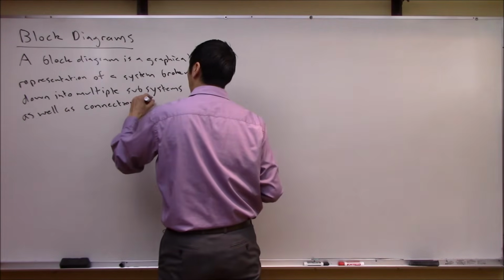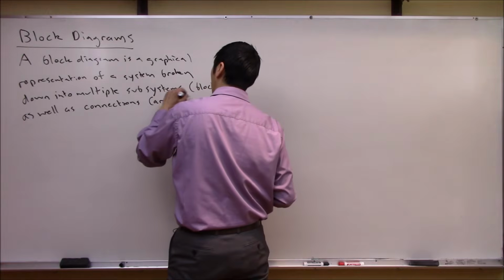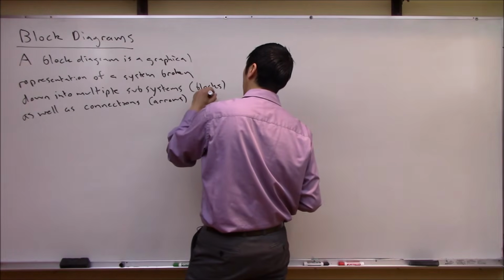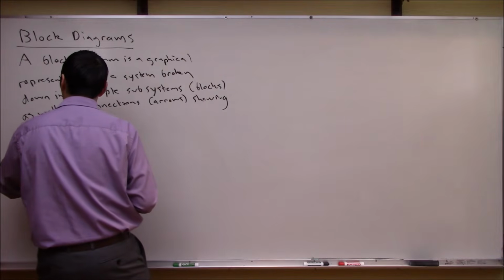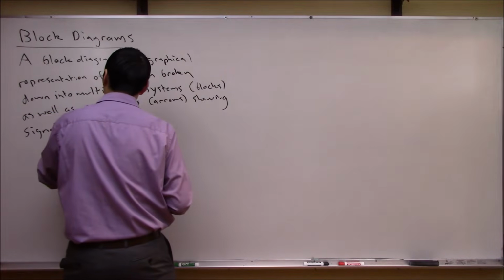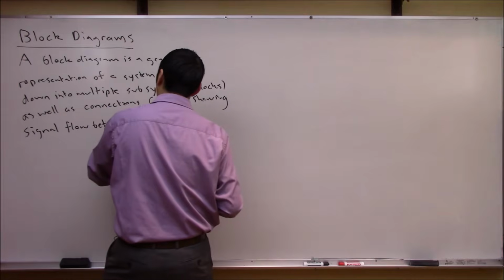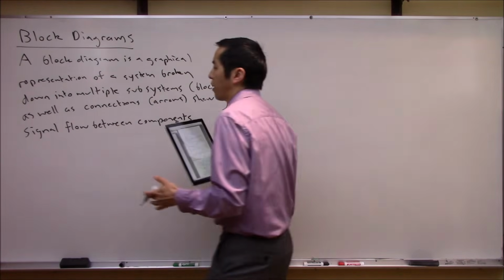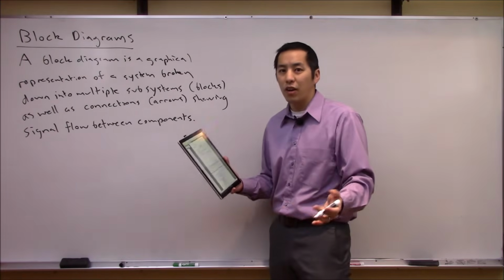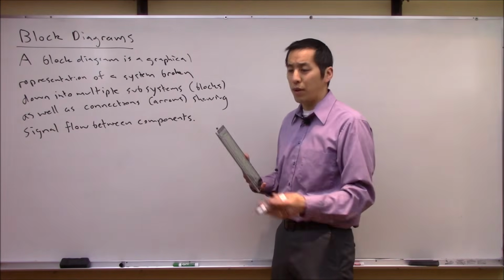Typically these are drawn as arrows, showing signal flow between components. So sometimes these are actually referred to as signal flow diagrams, block diagrams. All of these sort of mean the same thing here.